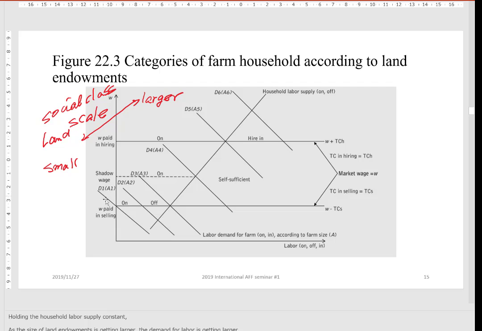Then as the land asset or farmland size gets bigger, you can see the demand shifts up more and more.